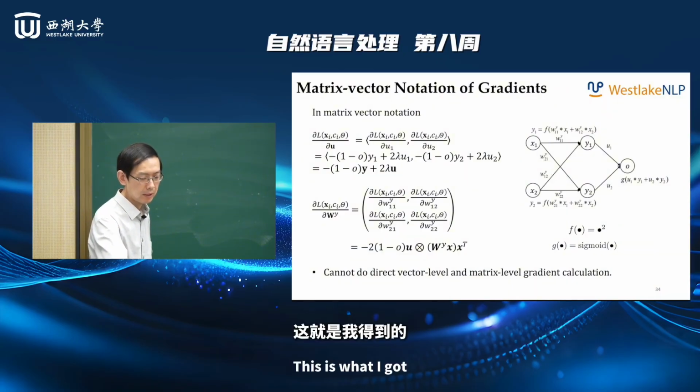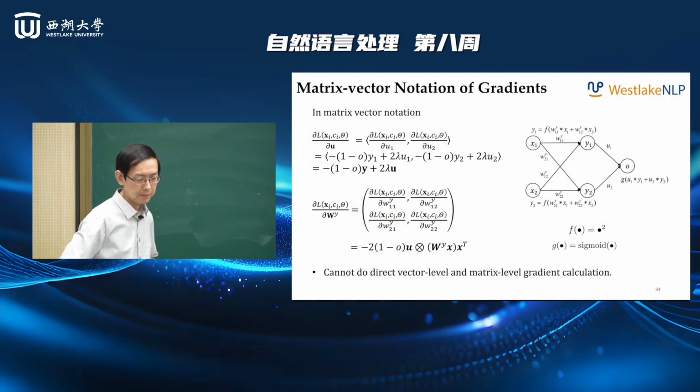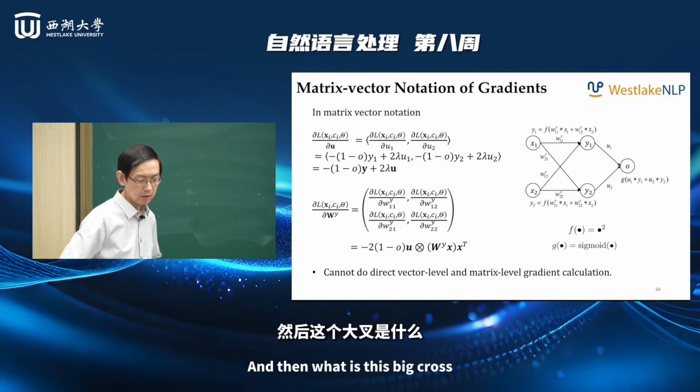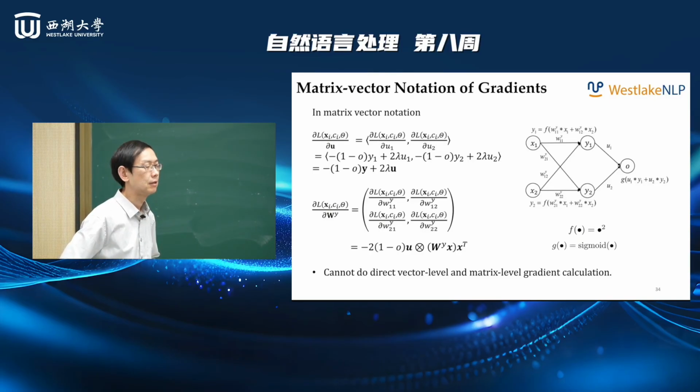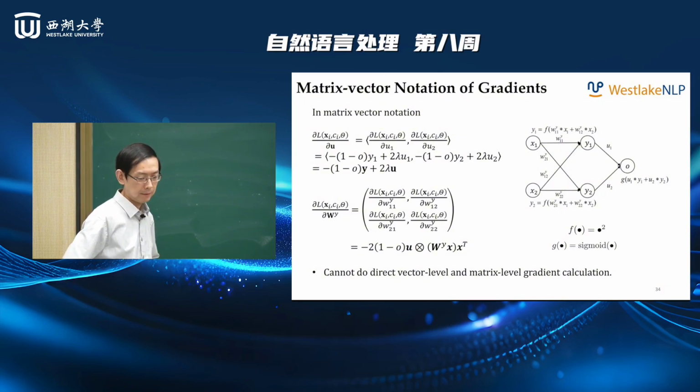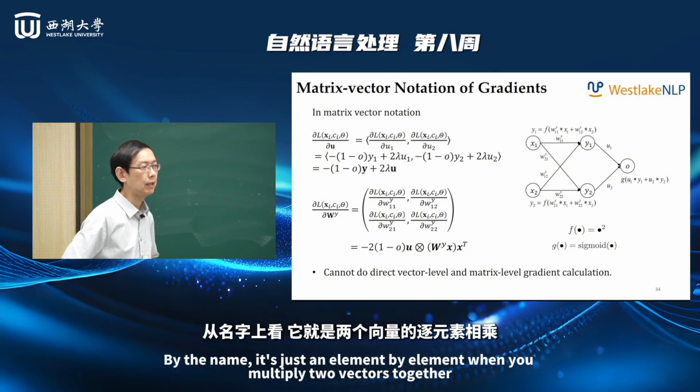Okay, so this is what I got. It's equal to minus 2 times (1 minus O) times U. And then what is this big cross? This is called the Hadamard product, or elementwise product. By the name, it's just element by element, right?